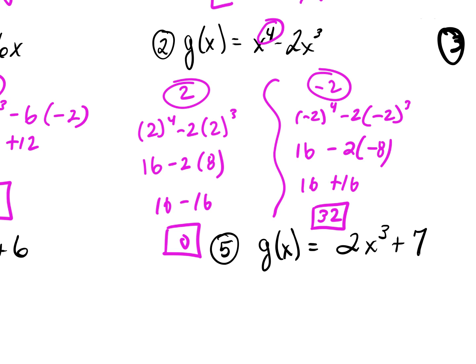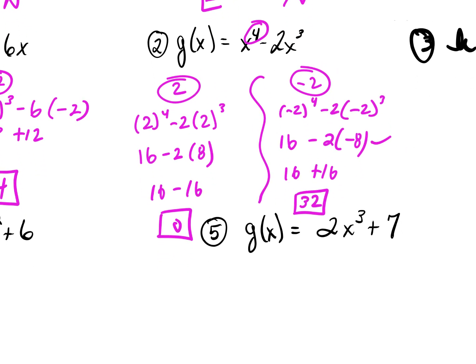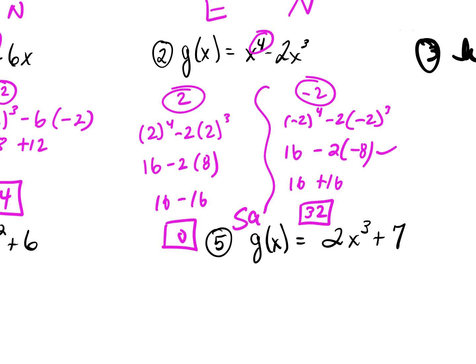Now, could you have gotten here and gone, oh yeah, it's even because 16 minus 16 is 0? Yes, right? Pay attention to your signs. But I didn't write at the beginning what these should be of each other. I think it's a very important thing that you guys identify. If I think this is an even function, I'm going to write the word same in the middle.